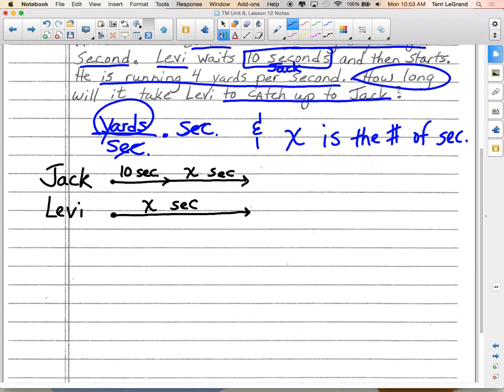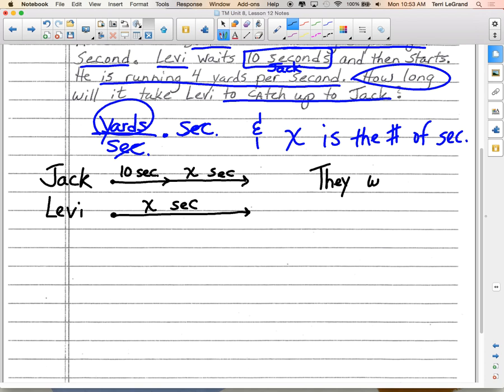So is this an addition problem? What do you think? Are they running the same distance? Same means equals, doesn't it? So here's what we're gonna do. We're going to say, let's put this little note there.